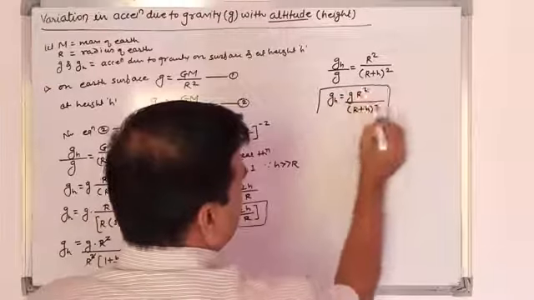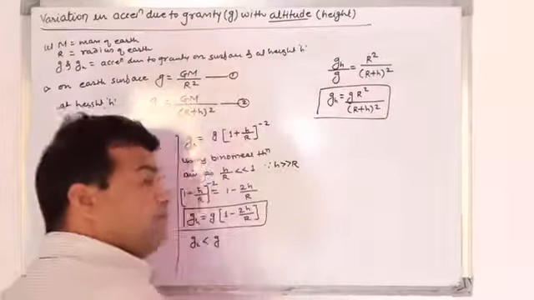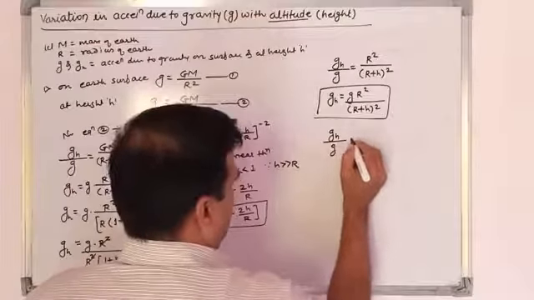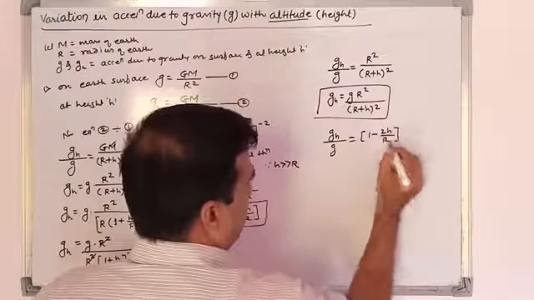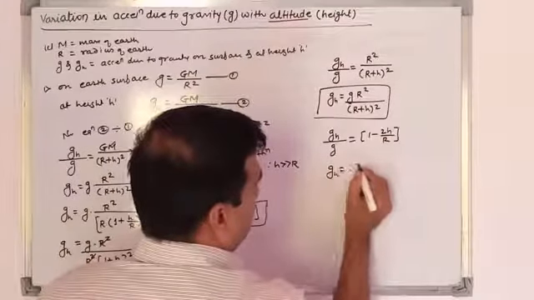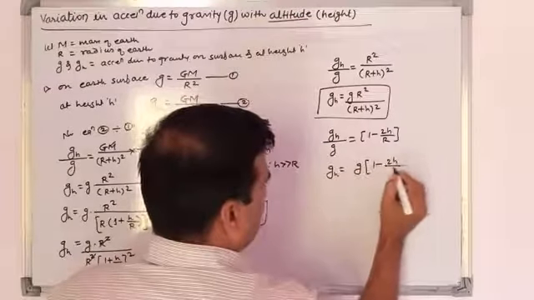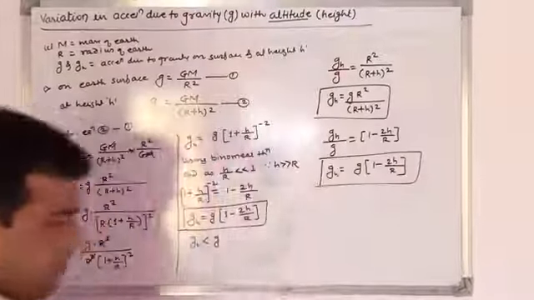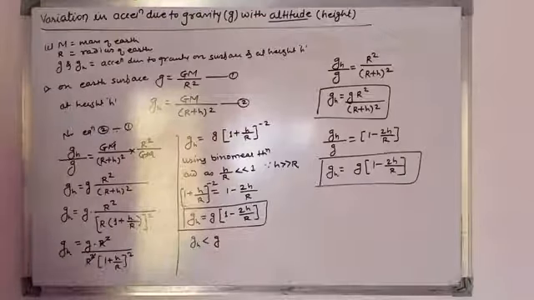This is the first formula. Second is, if h is very small compared to R, then g_h upon g is equal to 1 minus twice h upon R, or g_h can be written as g into (1 minus twice h upon R). Using these formulas, we can determine the acceleration due to gravity at any altitude from the surface of any planet.